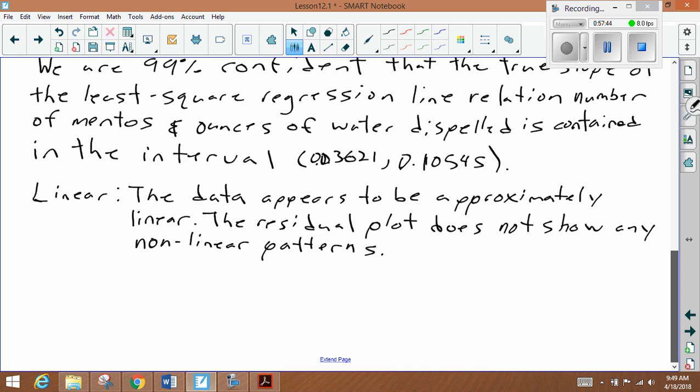I don't see any nonlinear patterns. All right. I: independent, right? I almost wrote independent with two I's.